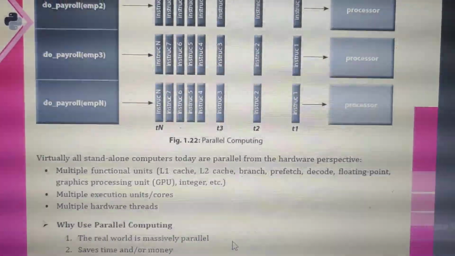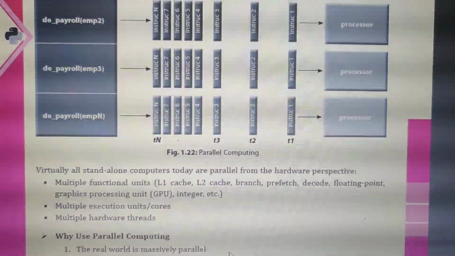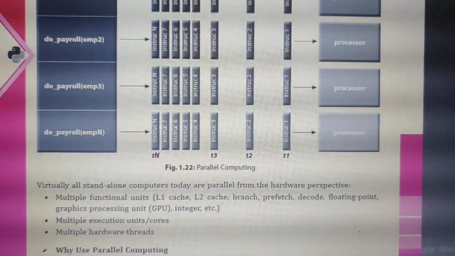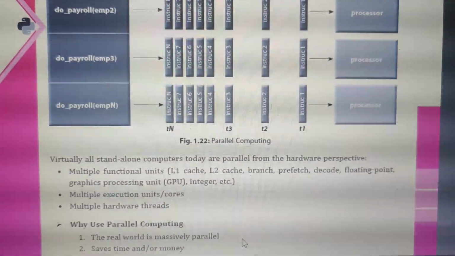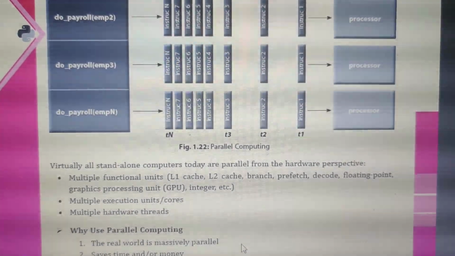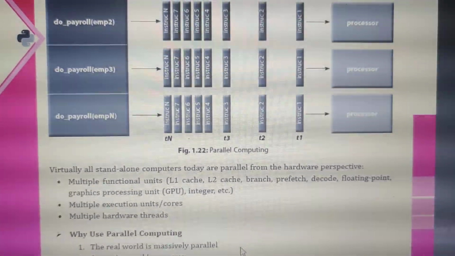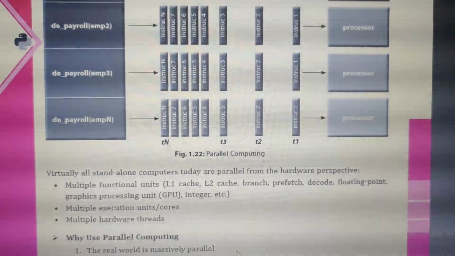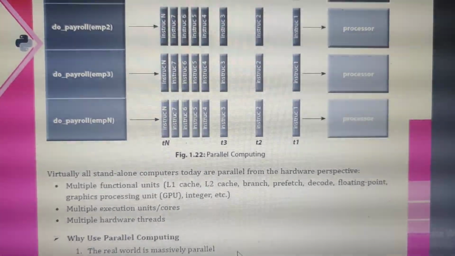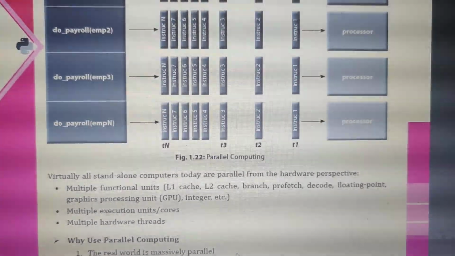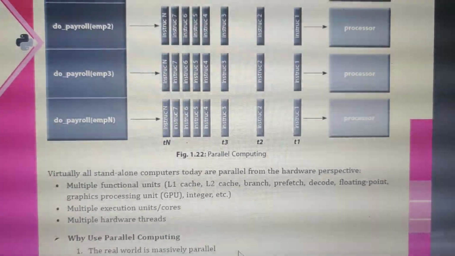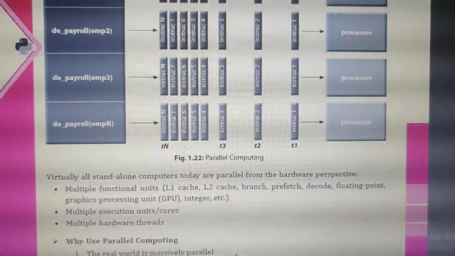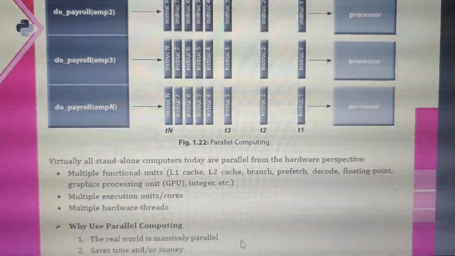So now virtually all stand-alone computers today are parallel from a hardware perspective. Multiple functional units, that is L1 cache, L2 cache, branch, prefetch, decode, floating point, graphics processing unit (GPU) and integer, etc. These are the multiple functional units which work in this process. Then multiple execution units.